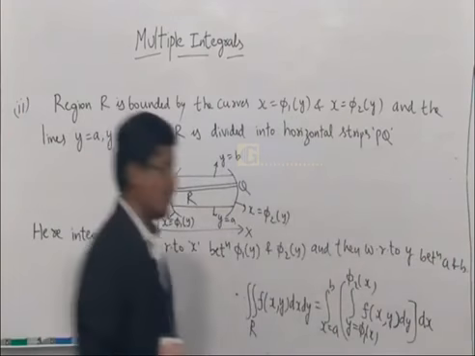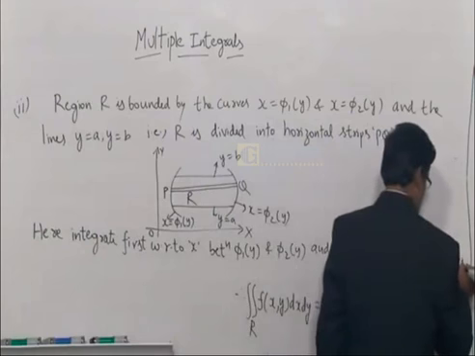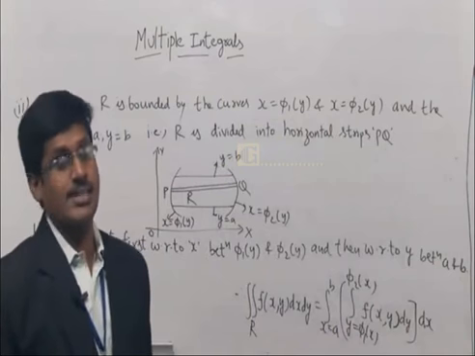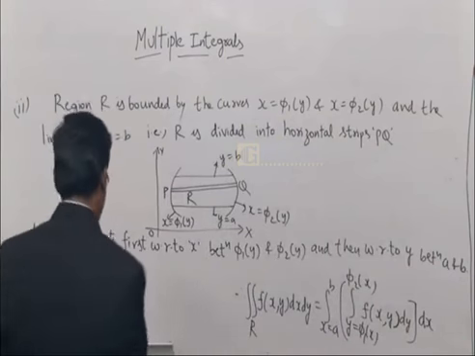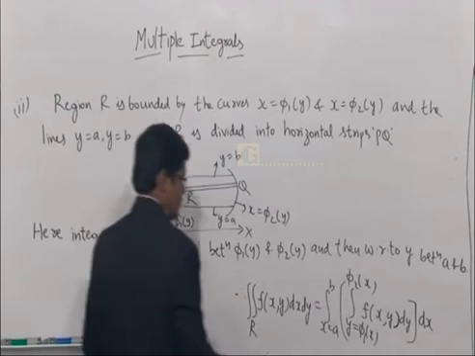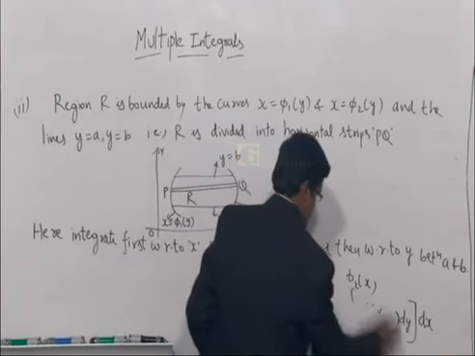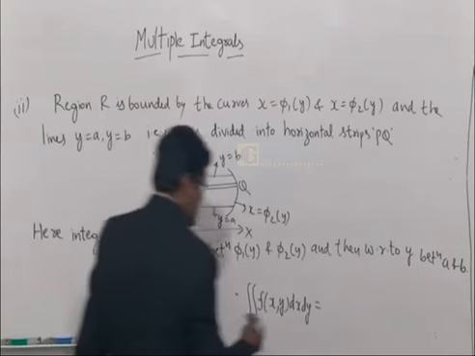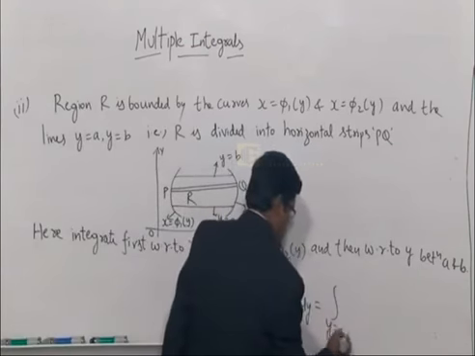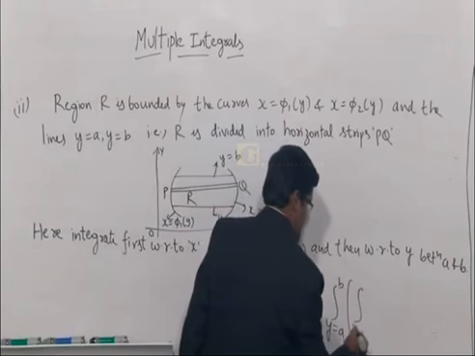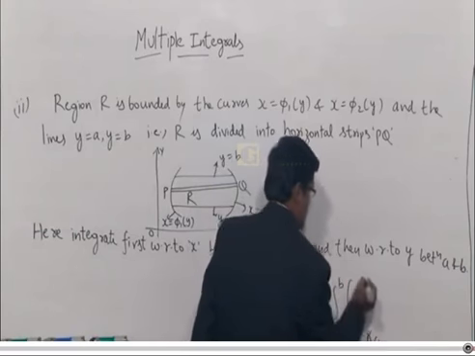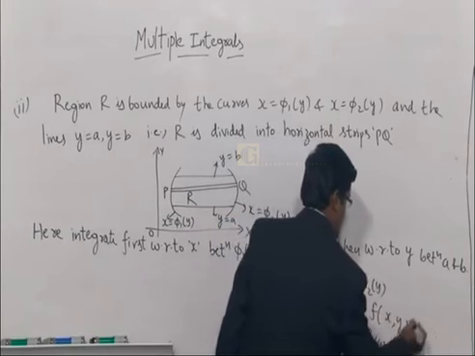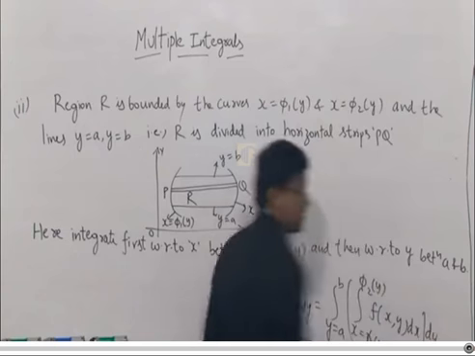So this is the procedure to evaluate in the case of x limits being functions of y and y limits being constants. In this case, y is equal to a to b, x is equal to phi 1 y, phi 2 y, f of x comma y, first dx and then dy. This is the way to evaluate.